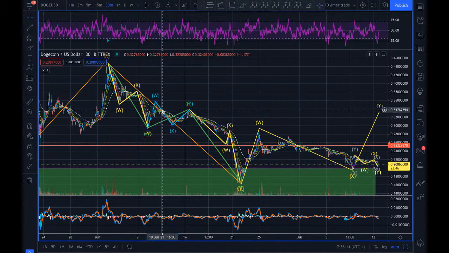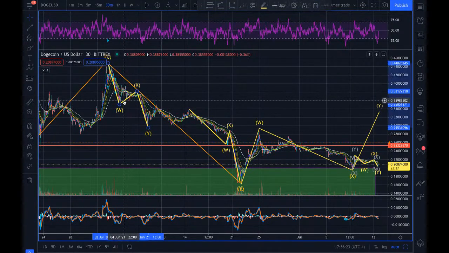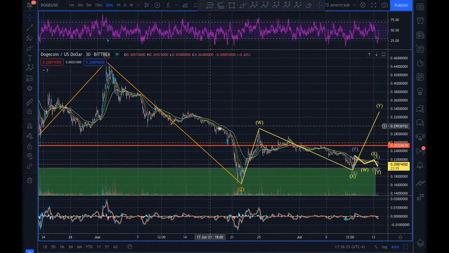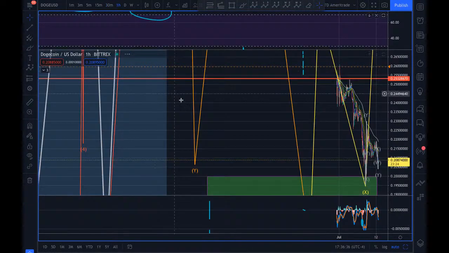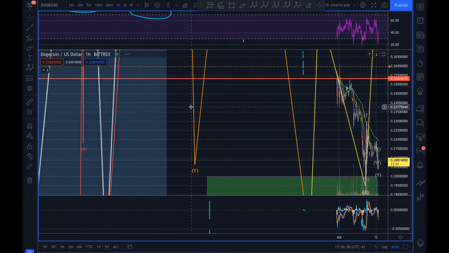I'm going to delete these, but that's kind of how this correction is working. Now, it's not always 3 waves. So the impulsive waves up, if you notice before, were 5 waves going up.